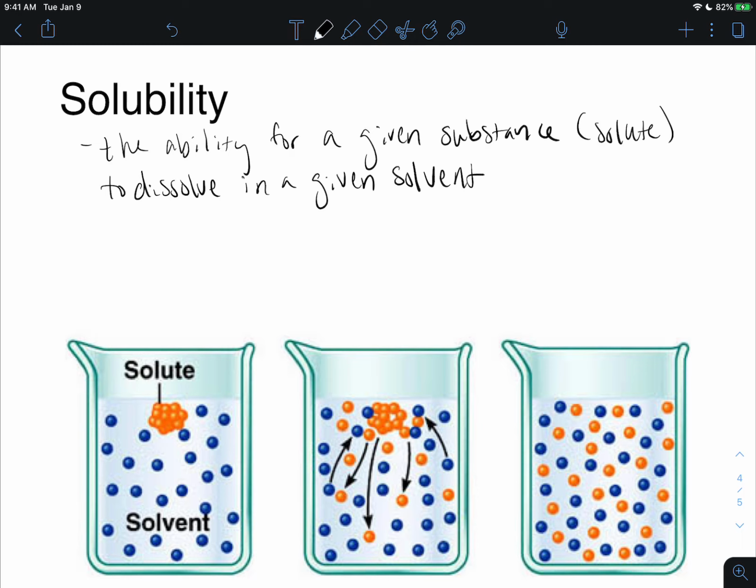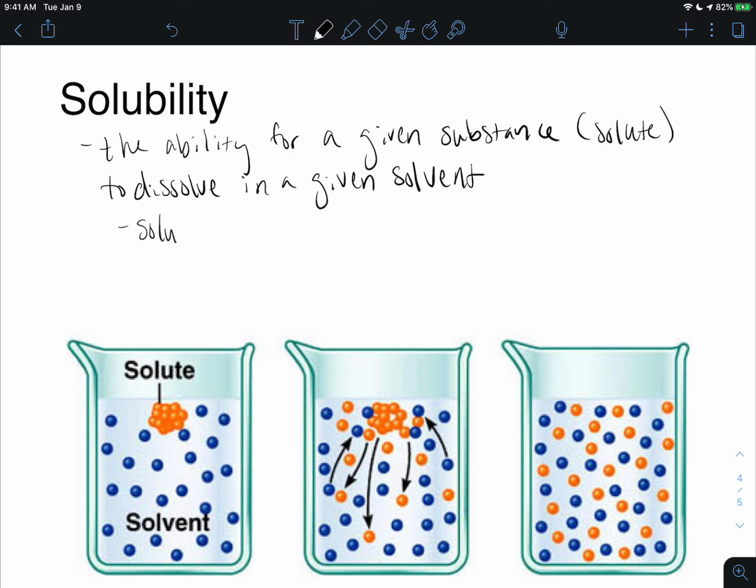Okay? And when we're talking about solubility, we can talk about something being soluble, partially soluble, very soluble, or insoluble. So solubility can have different magnitudes, if you will.